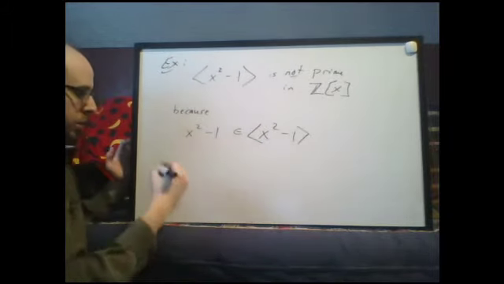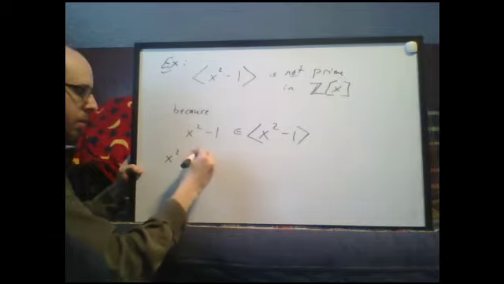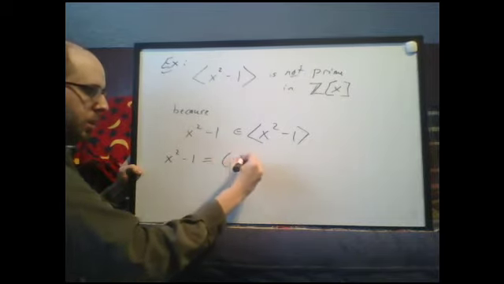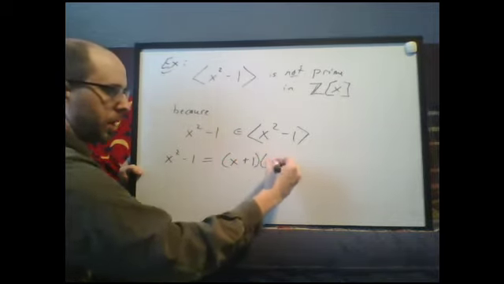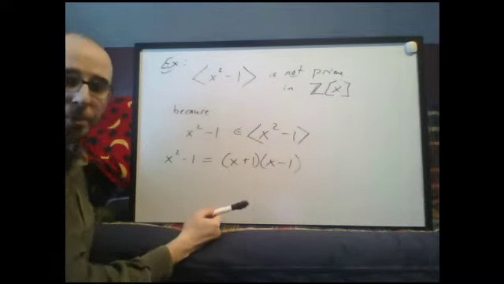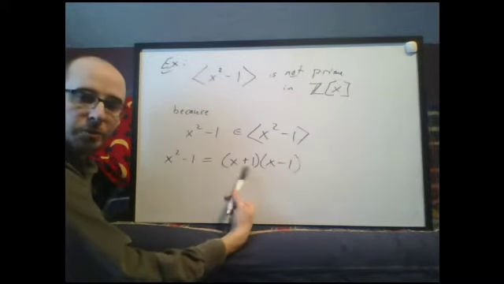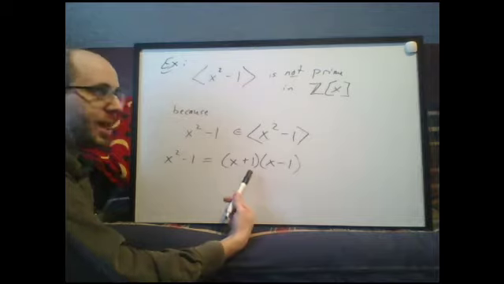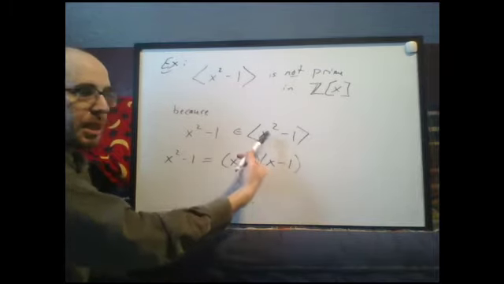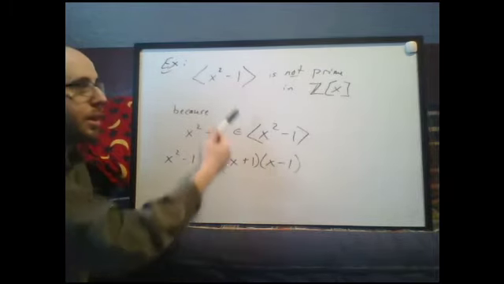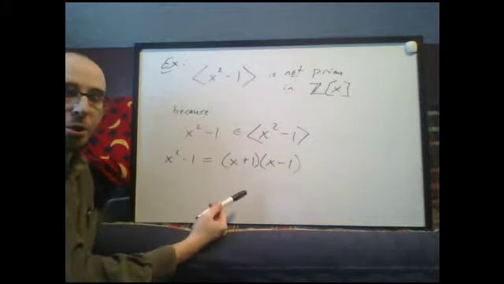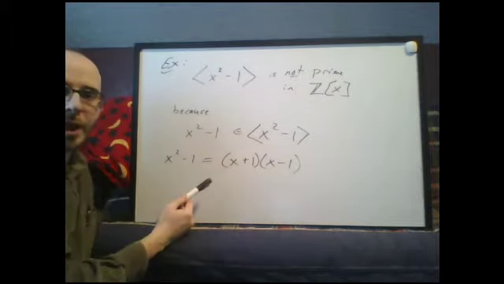But it factors as x plus 1 times x minus 1. So it breaks down into a product of two simpler polynomials, neither one of which has x squared minus 1 as a factor. This ideal is the set of all polynomials that have x squared minus 1 as a factor.